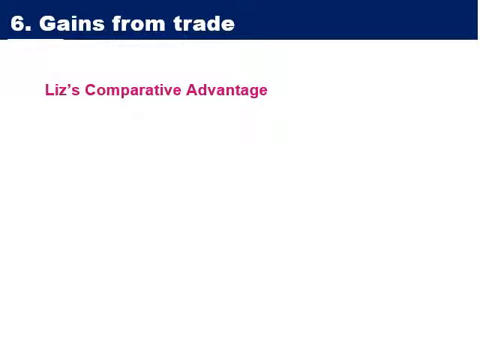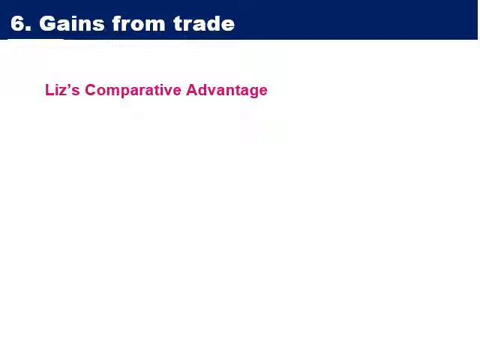As we have seen, Liz has an absolute advantage in producing both commodities, while Joe doesn't have an absolute advantage. And now, to see which of them has a comparative advantage in making which commodity, we need to compare their opportunity costs.